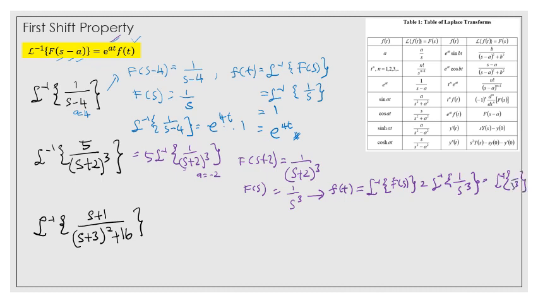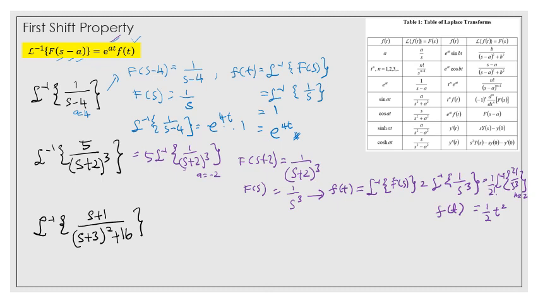The numerator should be 2 factorial, right? So we put back 1 over 2 factorial. Then we get the answer is 1 over 2 times t power 2, because n is equal to 2. So this is the value for f(t).